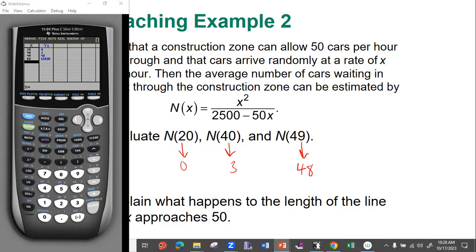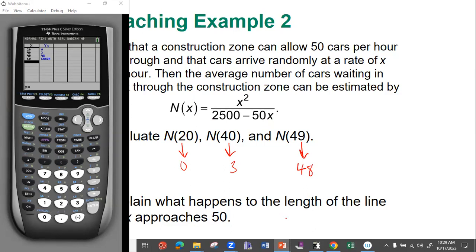It's an asymptote. It's because if we plug 50 in, what does it do to our denominator? It makes it equal to 0. So 50 is our limit, right? We can't have more than 50 cars going through at a time. So we can't move at a faster rate. That is our limit on our rate. Does that make sense? Okay.